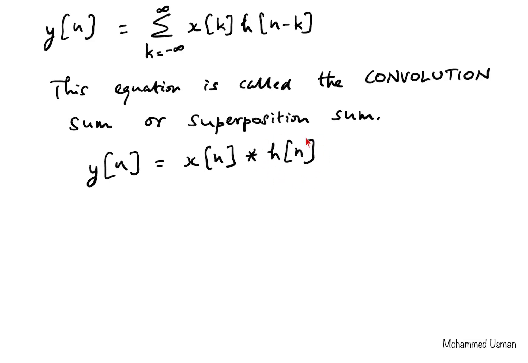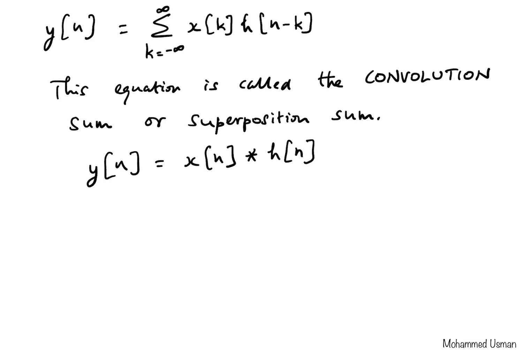So if we know the impulse response of the system, that is the output of the system when the input is a delta function, we can find the output of the system to any input signal x of n by taking the convolution of that input signal with the impulse response of the system. So that is what this equation means.